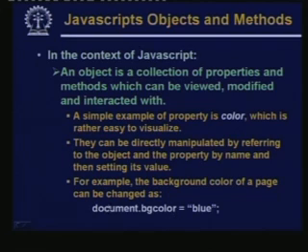This means document is the name of the object, bgColor is the name of the property of that object, and this separating dot means bgColor is a property of the document object. And when we assign a value blue to this, it will mean that the property bgColor of the object has changed to blue. So, immediately the background color of the displayed document will change to blue.